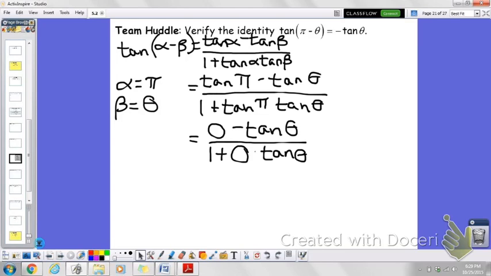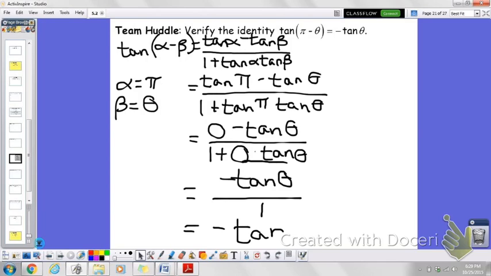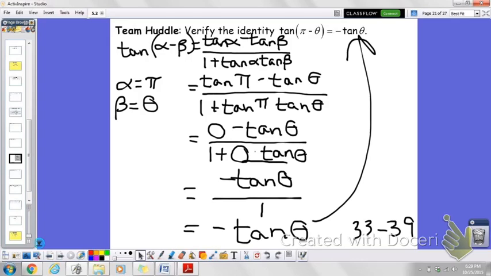Well, we know that 0 minus the tangent of theta is just negative tangent theta. And 0 times tangent on the bottom here is just 0, so we're left with 1. So our final answer will be negative tangent of theta, which is what we wanted to get to, so we are done. And this problem is like 33 through 39 in your homework.